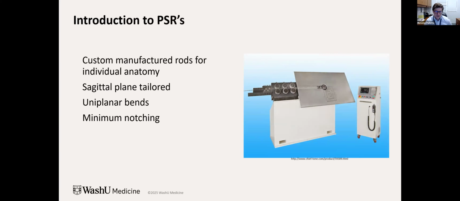So as an introduction, patient-specific rods are custom manufactured rods for individual patient anatomy. And these are rods that are made by the manufacturers prior to getting to the hospital. And they're bent in the sagittal plane, which is specifically tailored. As they're currently implemented, these are uniplanar bends in the rods.